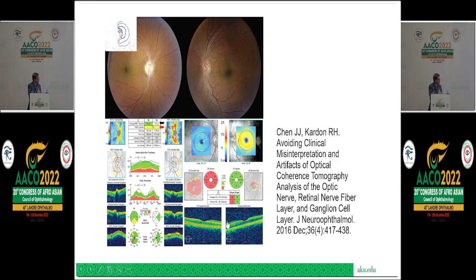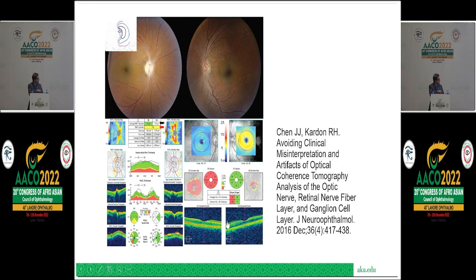And yet when you look at the actual plot of the nerve fiber layer, it actually looks like the right eye has a pretty good double hump pattern. Okay, so why is that? I mean, it looks kind of green, almost normal here in the right eye, despite what most of us would say is optic atrophy, right, or pallor.